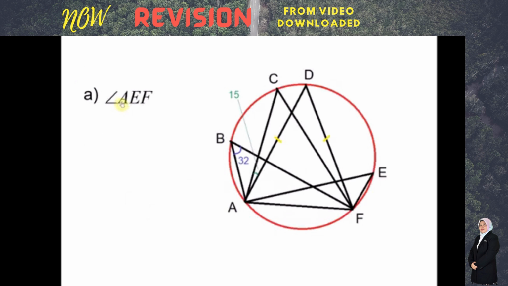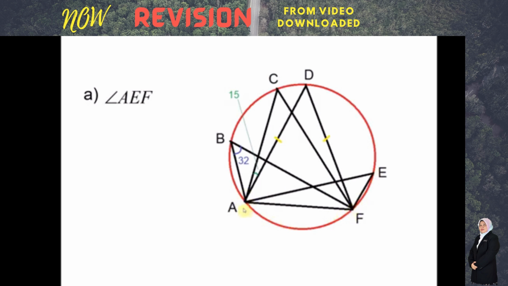The first one, AEF. The angle is here. You can see that AEF is the angle at the circumference of a circle subtended by the arc AF, this arc here. You ignore the other lines and only look at AEF and this arc.